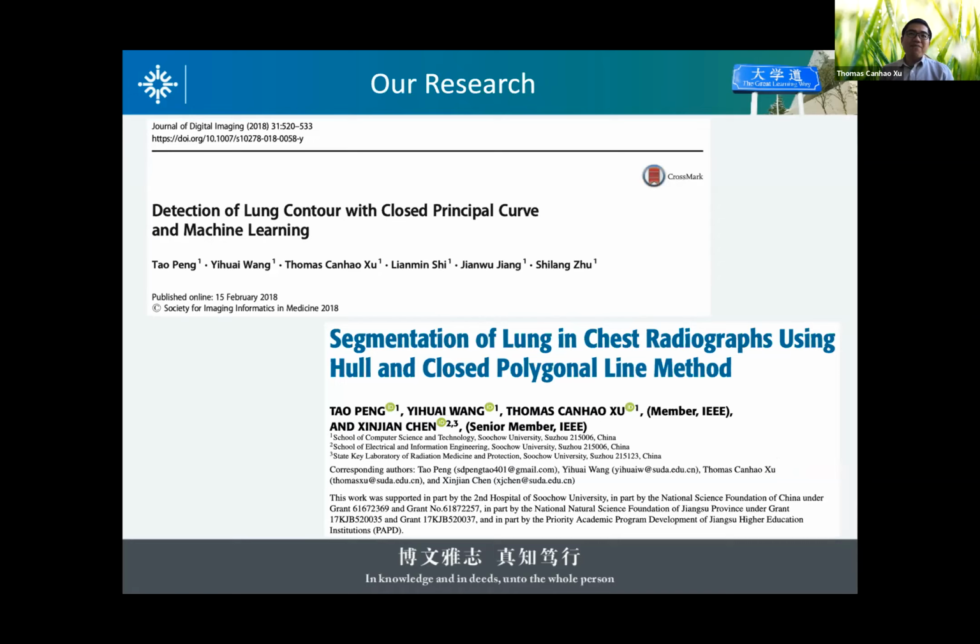Most of our research is focused on image detection, like the segmentation of pictures. For example, a few years ago, we did segmentation of the lung contour and chest radiographs by using some methods in machine learning.